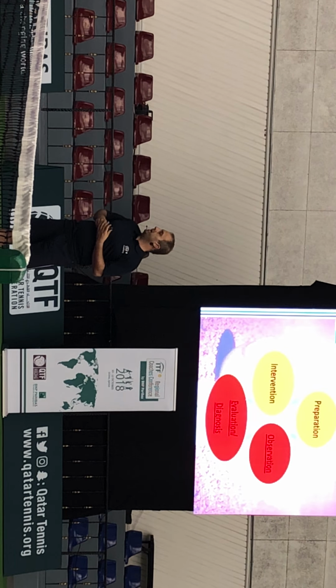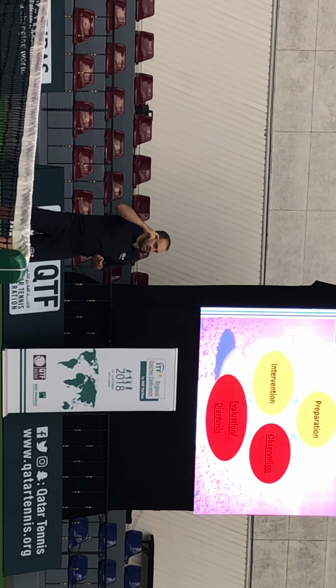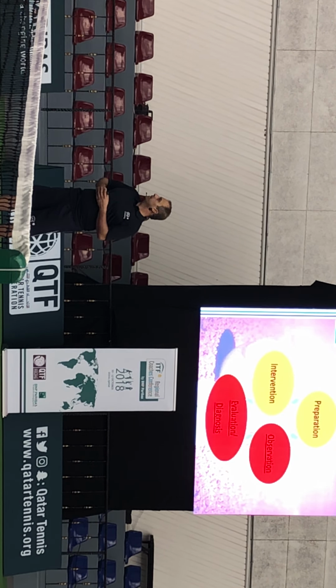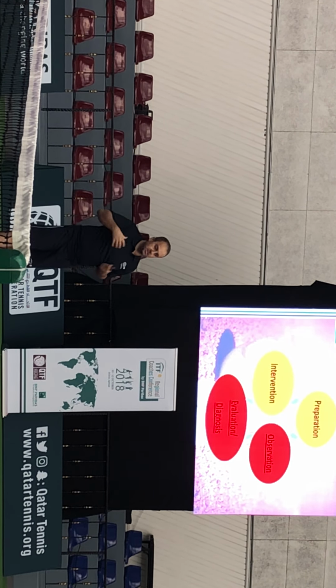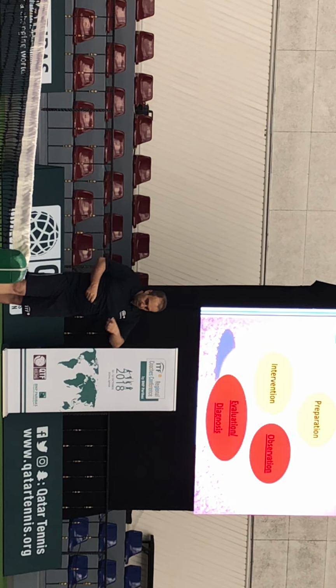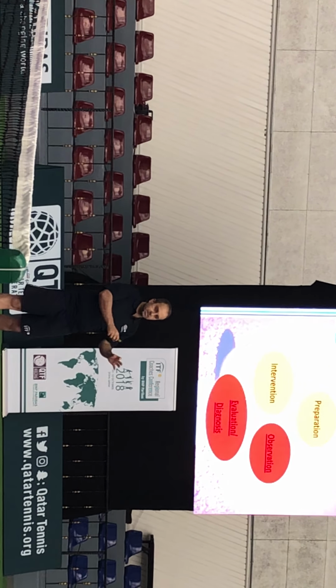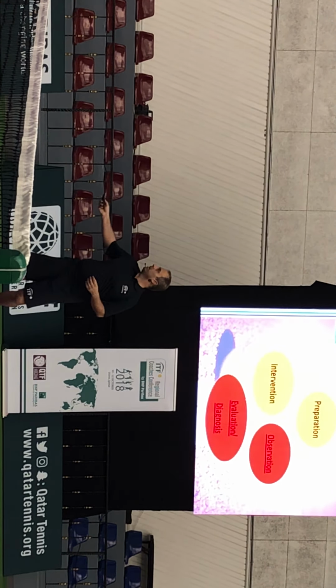We observe the player using teaching aids. We use a camera to observe the player. Evaluation and diagnosis, this is our job. And then intervention. After completing these three elements, we go to intervention. We start developing something.